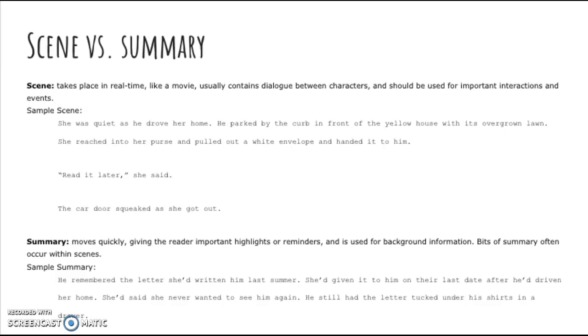It gives you pieces of information that are important quickly, background information possibly. Summary can occur within scenes. So a summary can be part of a scene in order to move the plot along.